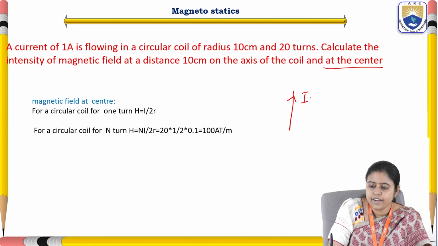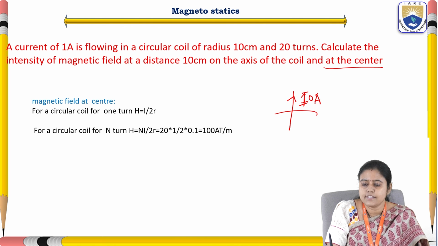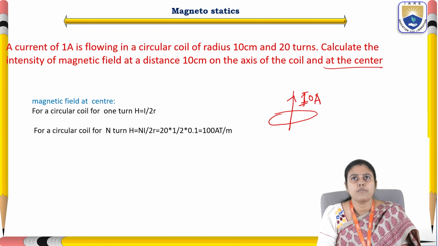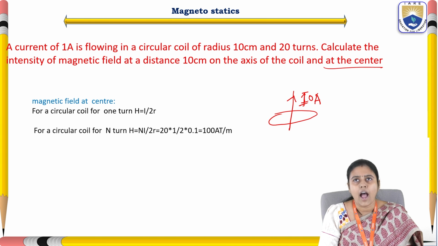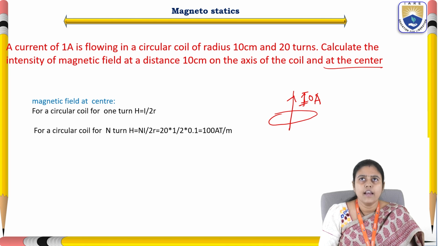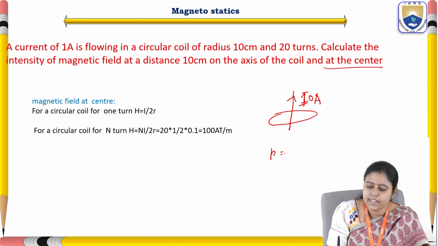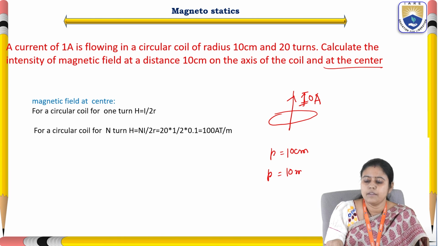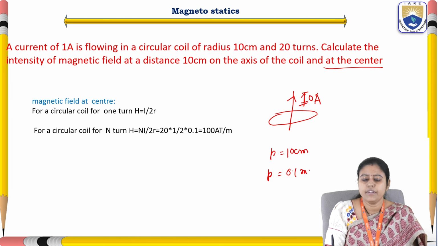This is a current carrying conductor path, and we just deduced the formula H is equal to I by 2R. R is the radius and the radius value is given as 10 centimeter. If anything is in centimeter, we have to convert it into the meter unit. So 10 centimeter is equal to 0.1 meter.